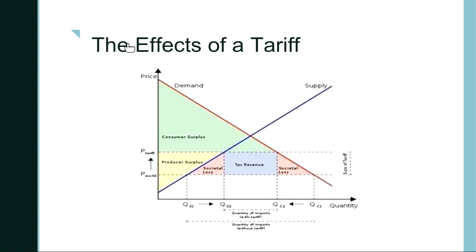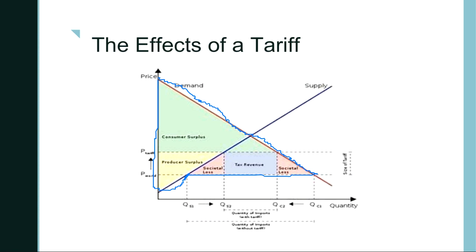And so just to break this down, I want to work through here. I'm going to highlight in blue our original surplus. So this area that I'm highlighting now, this is our original surplus, our total market surplus. Now I'm going to go back and in red highlight specifically what was producer surplus.